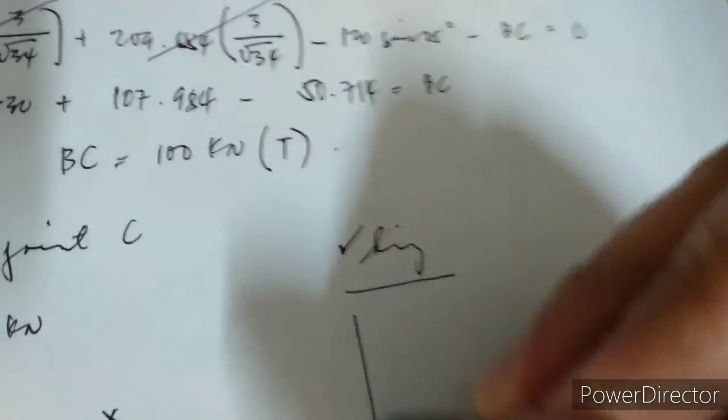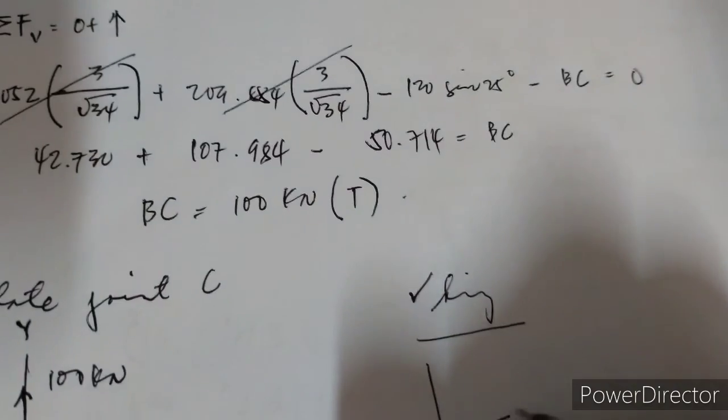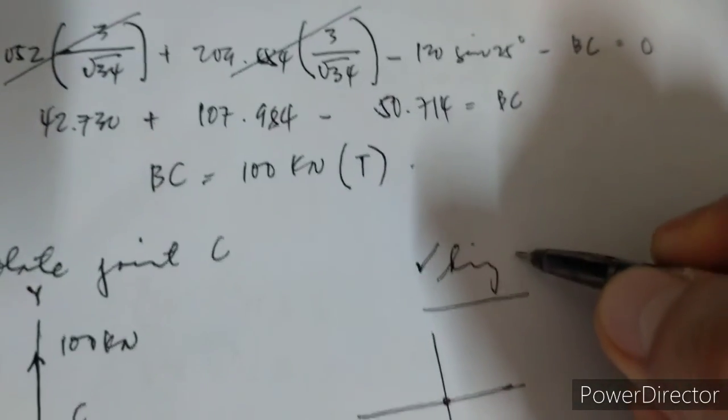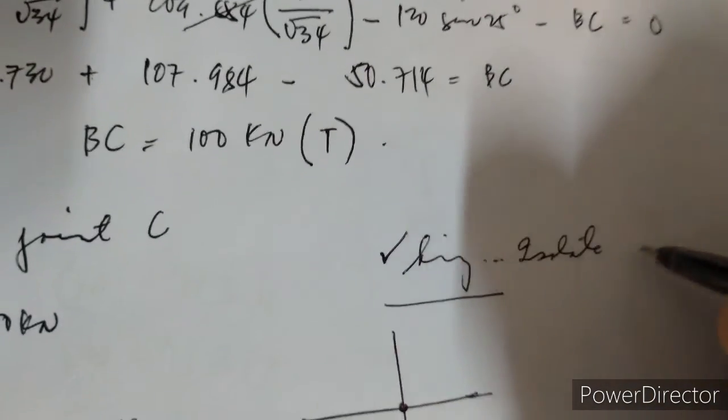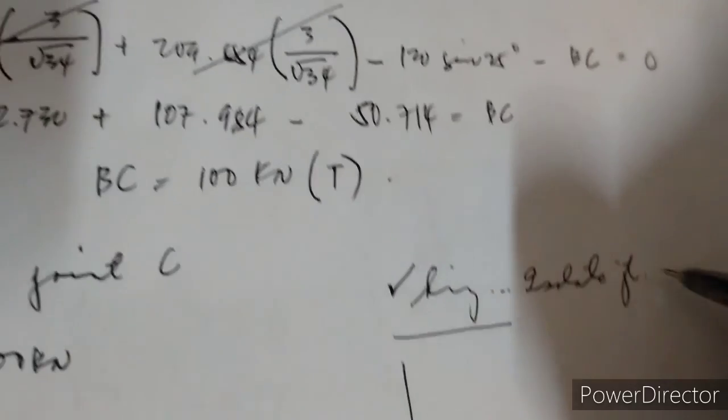So let's try to counter check. We isolate joint D. So we have joint D in here.